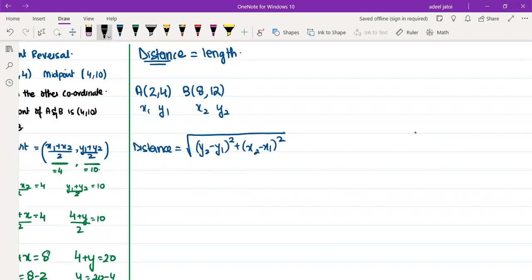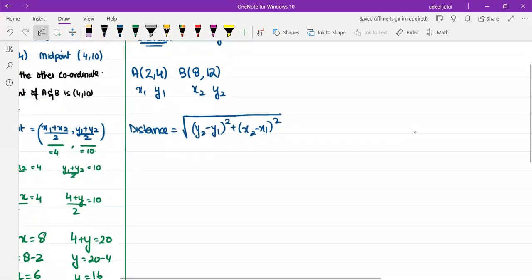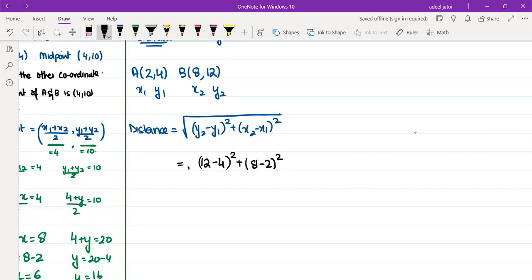Now, using the formula and the coordinates, let's write down 12 minus 4 whole square plus 8 minus 2 whole square. And it will give you what? Under root, because it's there already in the question. Can I say 12 minus 4 becomes what? 8. So this is 8 square plus 8 minus 2 becomes what? 6.